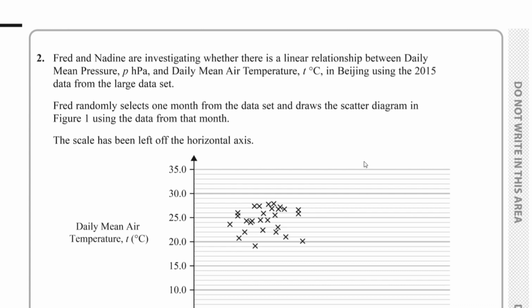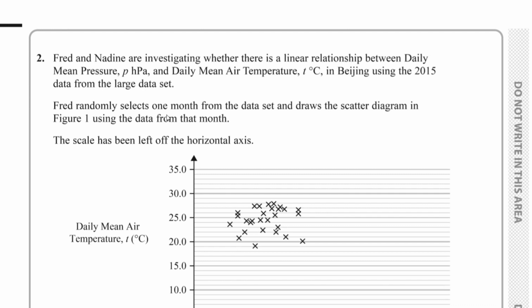Question number 2. Fred and Nadine are investigating whether there is a linear relationship between daily mean pressure, P hPa, and daily mean air temperature, T degrees C, in Beijing using the 2015 data from the large dataset.